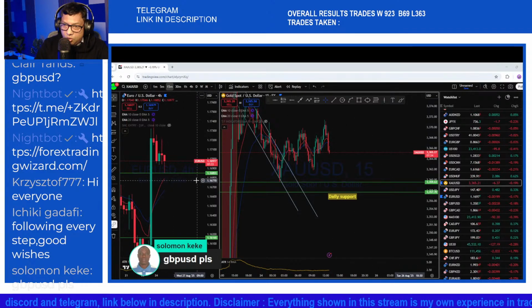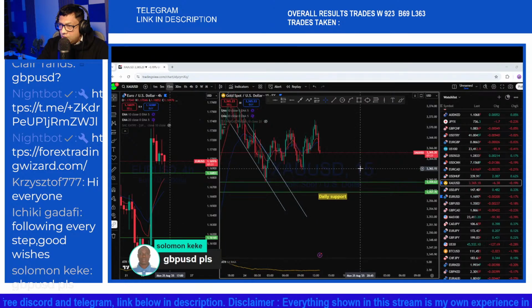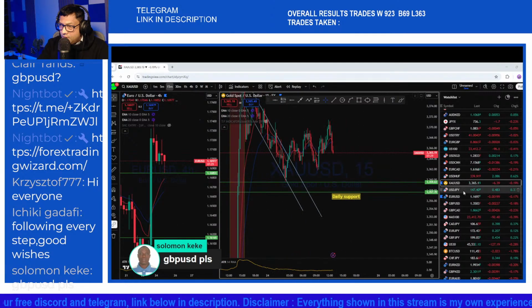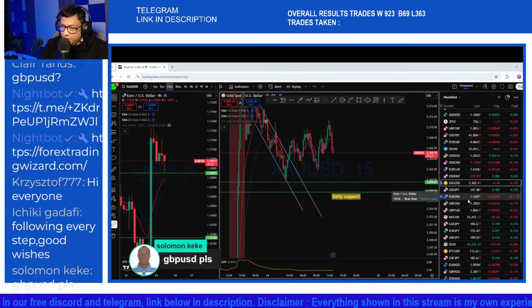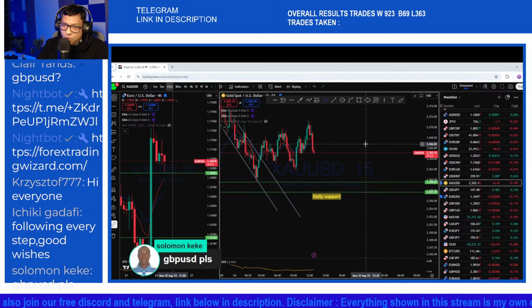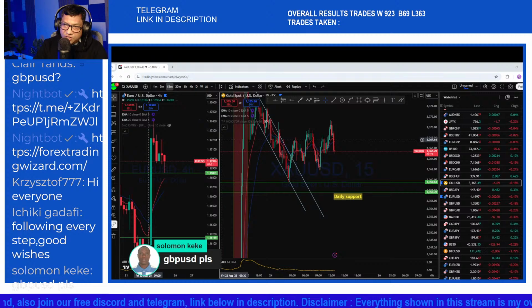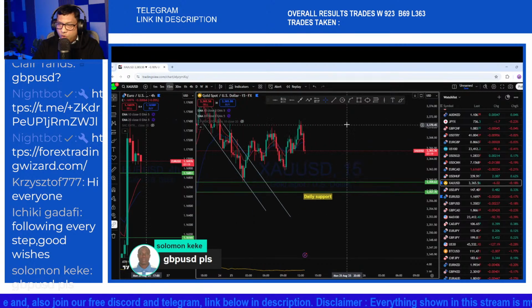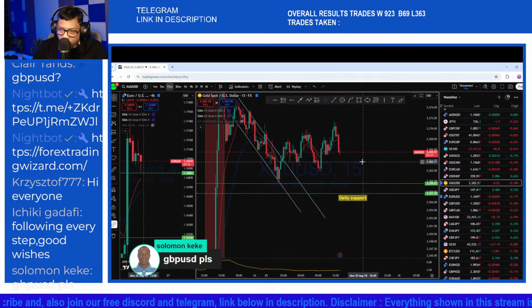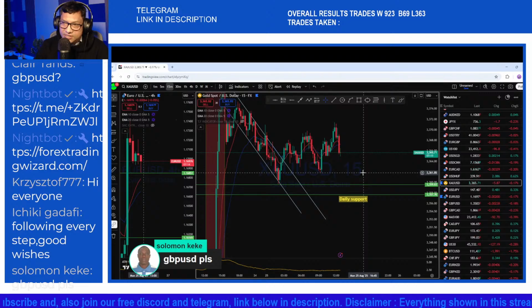Along with euro dollar and gold, we can also look for GBPJPY and dollar yen. But at the moment, as it is the first day of the trading week, our focus is mainly on gold for an entry from this daily support.